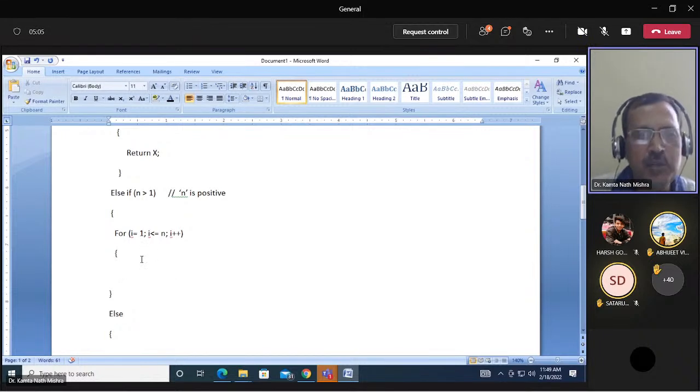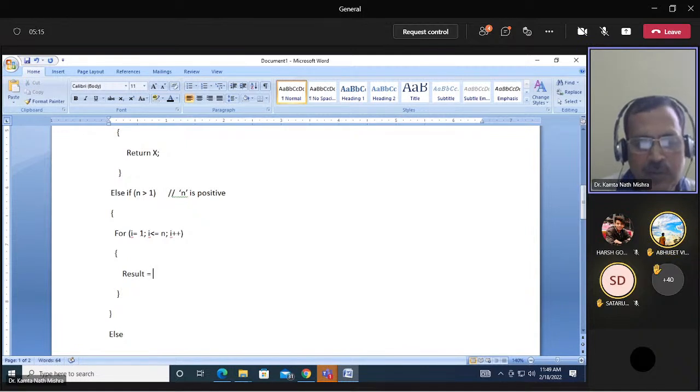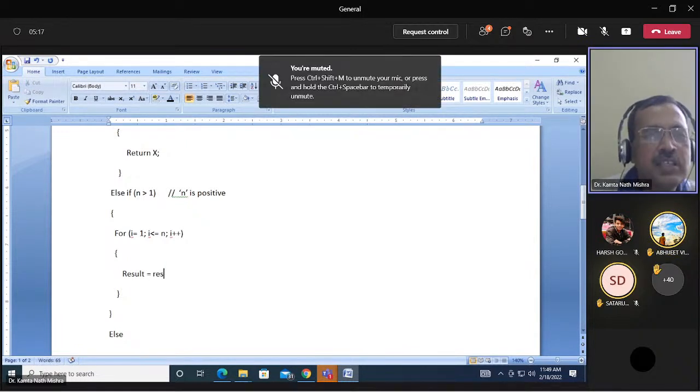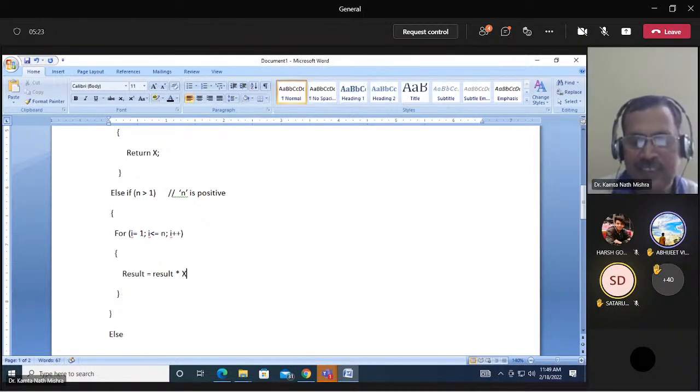What should I write within the for loop? We will take a variable result, and then result equals result into x.